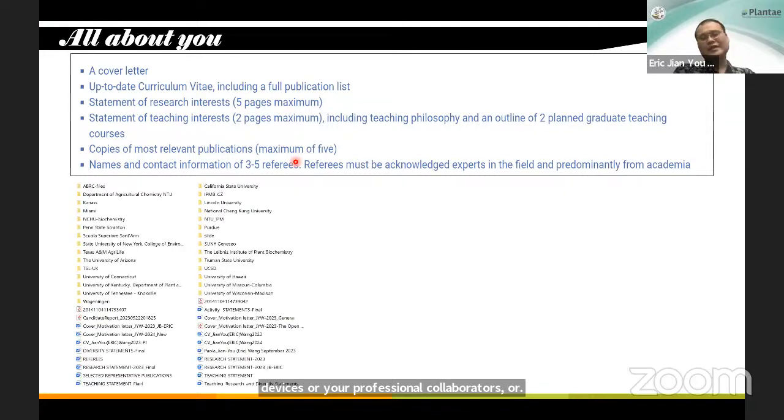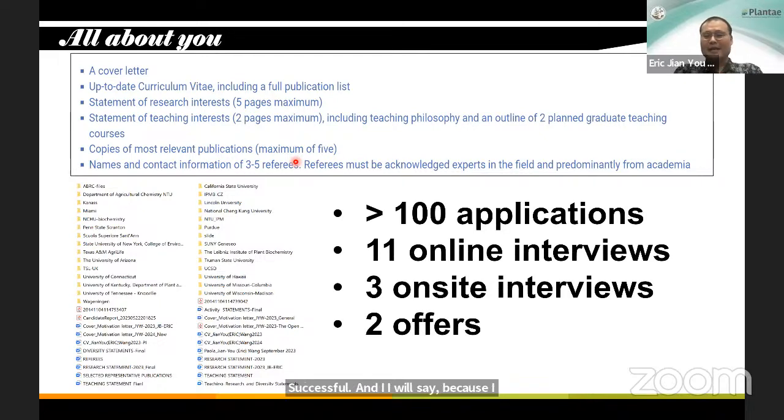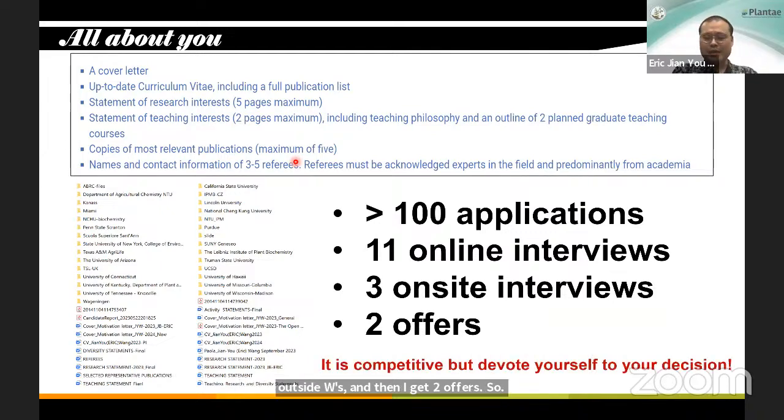My experience was not that successful, I would say, because I applied to more than 100 universities and research institutes around the world, and I got only 11 online interviews, around 10%, and three on-site interviews, and then I got 2 offers. So I would say for the young generation, it's very competitive, but devote yourself to your decisions.